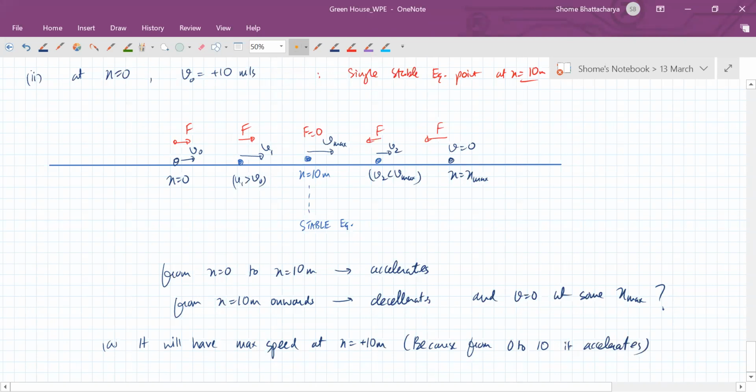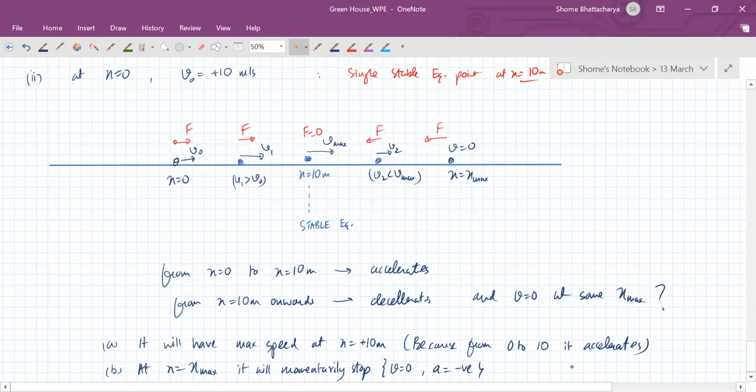But also at x equal to whatever that maximum value is, it will momentarily stop. That is, its v will become 0, but its acceleration will be negative because of how the force is acting.